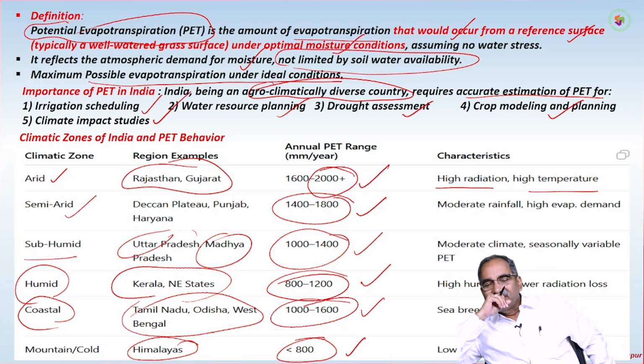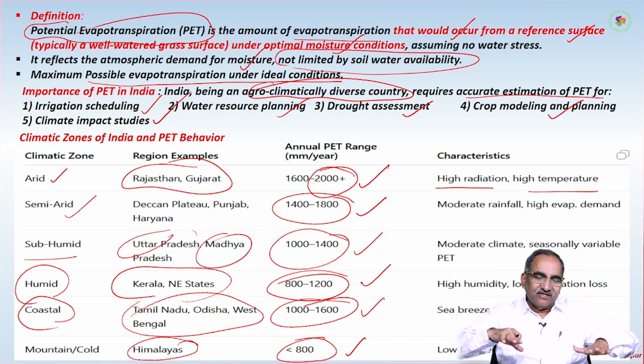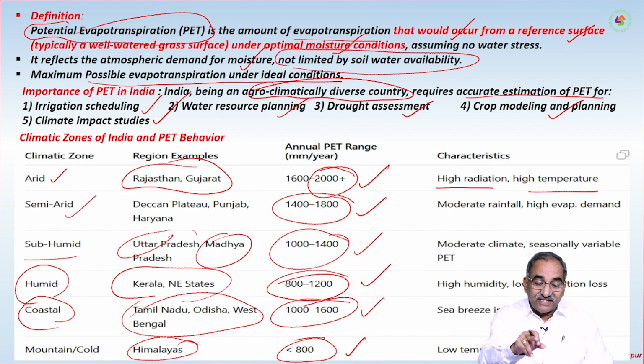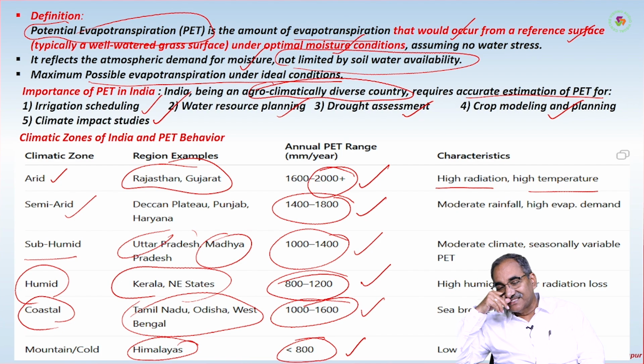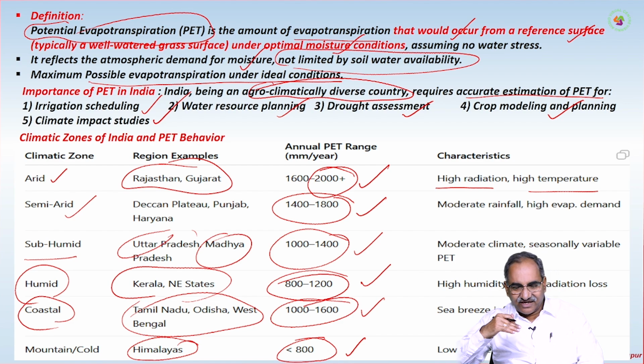Please remember the reference surface is always a well-watered grass that is taken as a reference, always under optimal moisture conditions with no water stress at all. And how does the PET behavior change? In arid regions it is very high, from there if I go to the coastal it goes on decreasing, and especially in the Himalayan region it is still lesser.